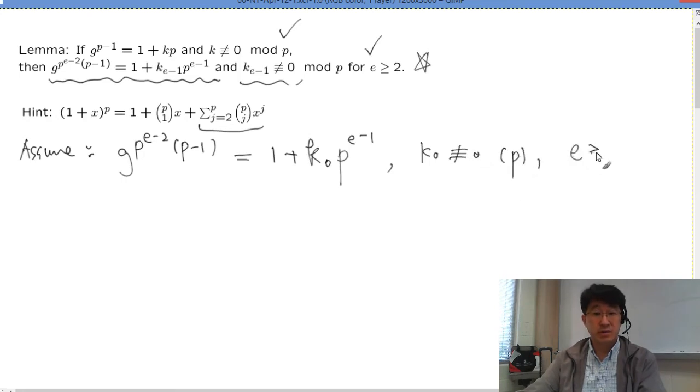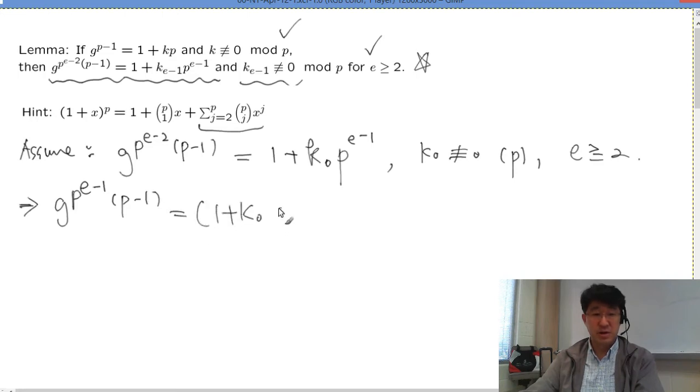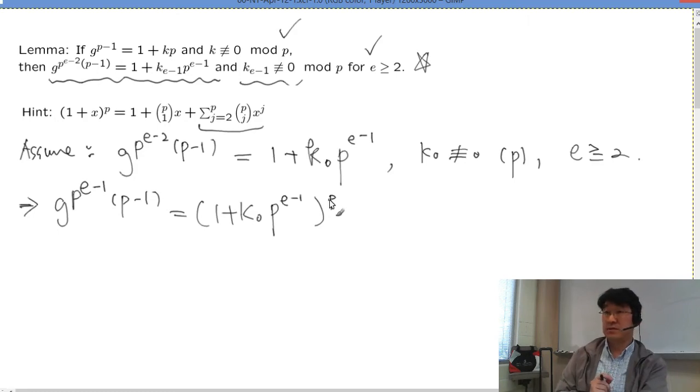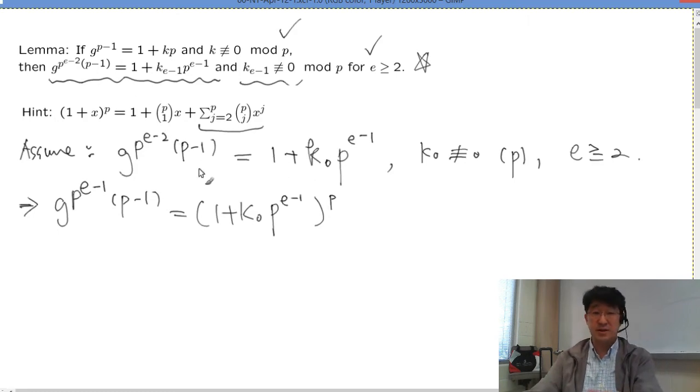And e is greater than or equal to 2, right? We start from there. If you raise g to the p, you get to the next level. You raise both sides to the pth power, then you change the level to the next level. You have to expand this one out and organize.